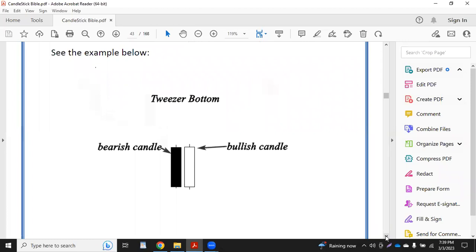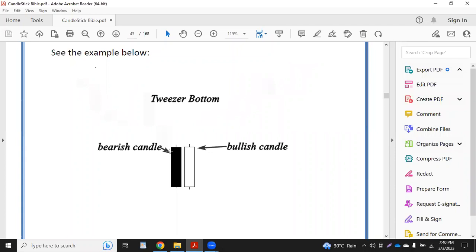So you see these two candle patterns. This is what you call the tweezer bottom. So there's tweezer top, there's tweezer bottom. Now the tweezer bottom is a bullish pattern. The way it happens basically is that first of all you will see a bearish candle of a certain size, of a certain height.